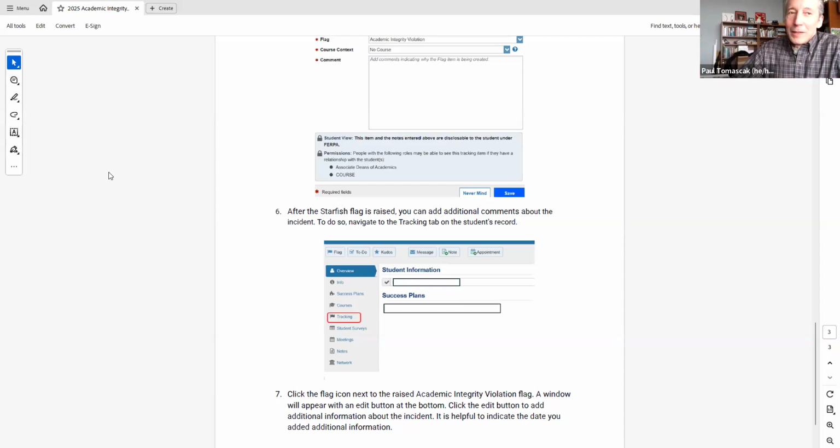This is something that I think we can put ourselves in a better position by the structure of our classes, the structure of our assignments, the structure of our communications.